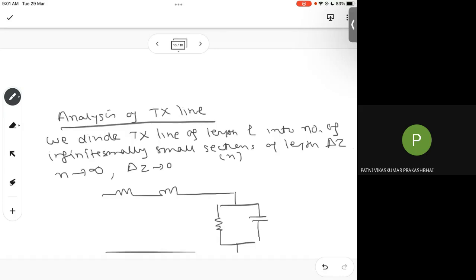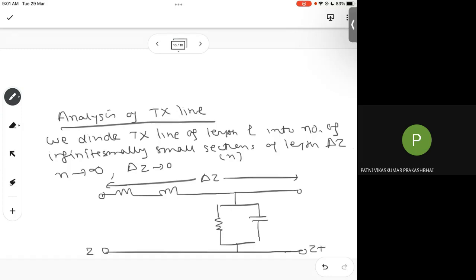This is one small section I am taking, of length, as I said, delta Z. Here I've got Z, and here I've got Z plus delta Z. And as I said, delta Z is tending to 0. There are n sections, so I put it like this. There are many sections here, n tending to infinity, but I'm taking only one section.